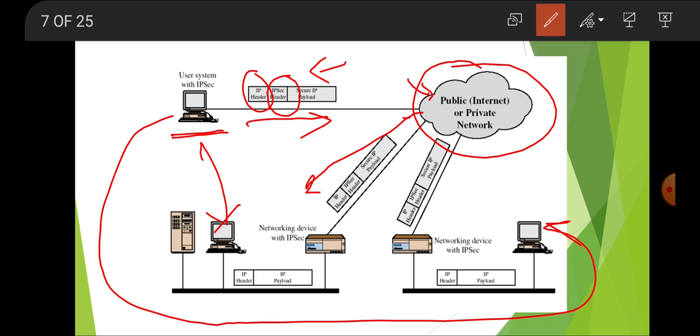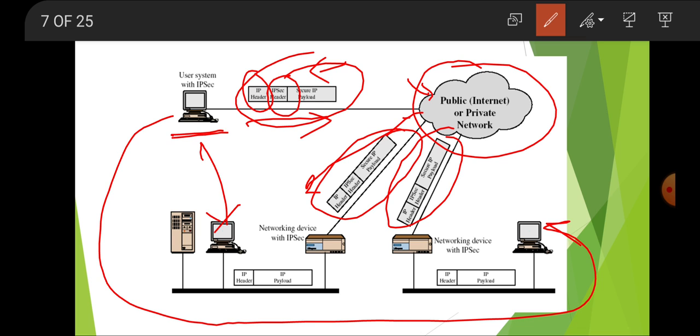At the router, the same packet is sent to the networking devices, a router or switch, with the IP header, IPsec header, and secure IP payload. Similarly, the same packet is sent over the routers and networking devices with IPsec. They also have IP security.